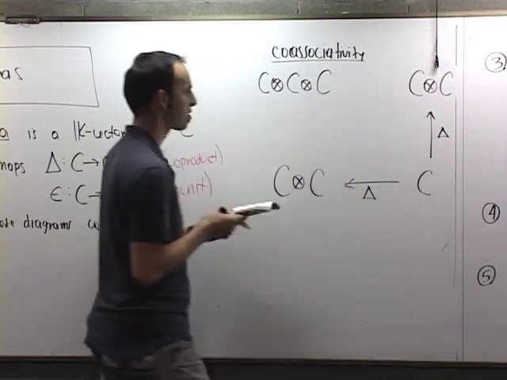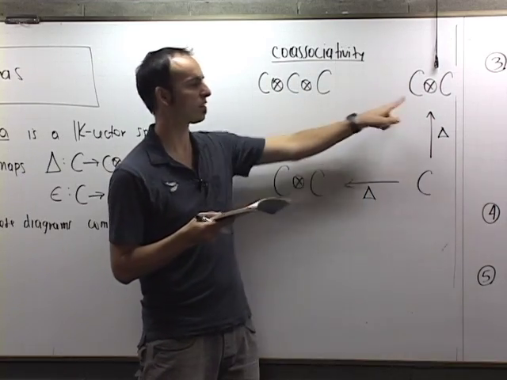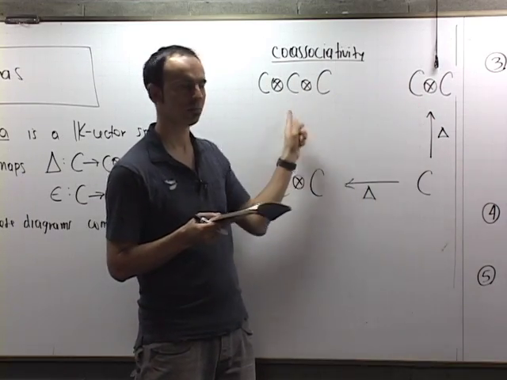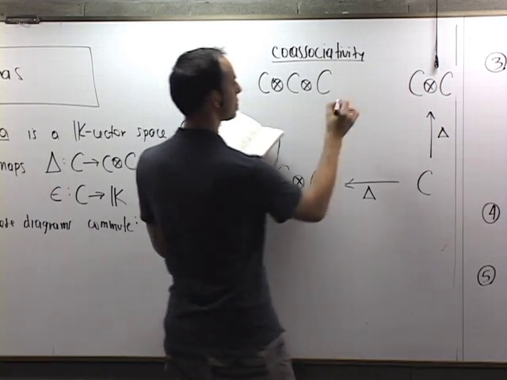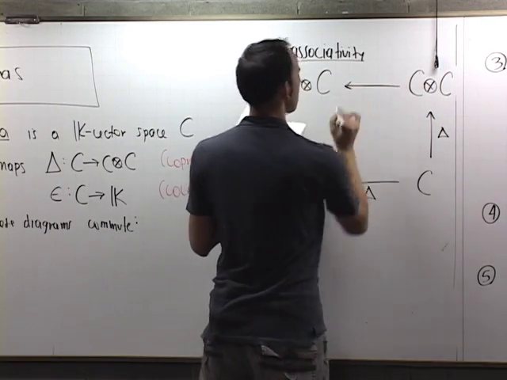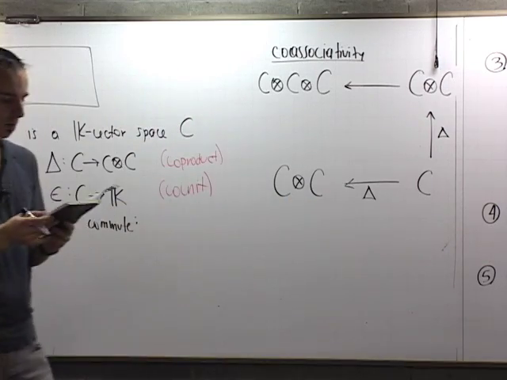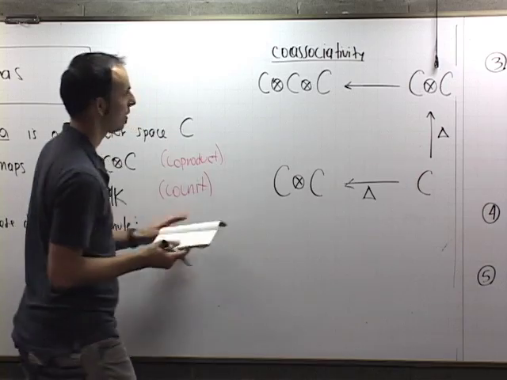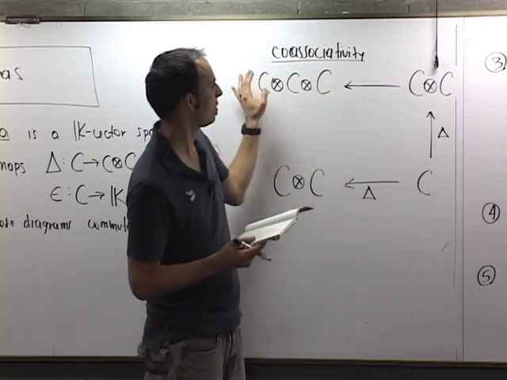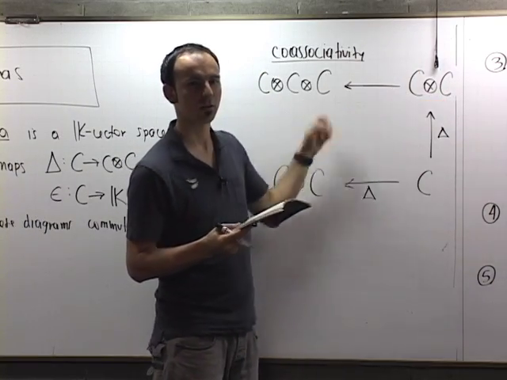I mean, one thing I should say is that we don't really have a way of mapping this to this. Right? And so what I'm going to do is leave the first C alone and let delta act on the second coordinate.